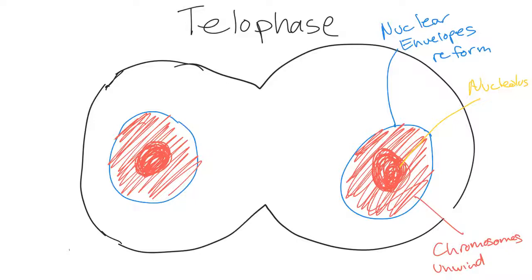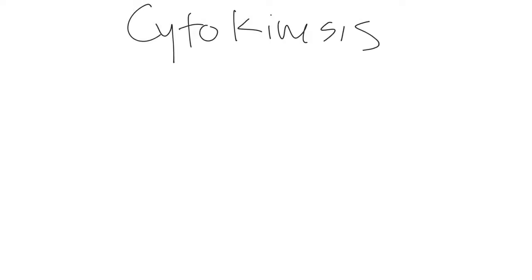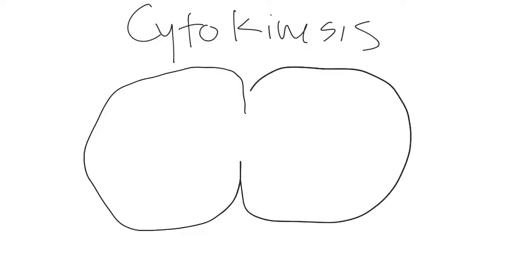So it's starting to look like two new cells are forming. We're still at 4N at this point. We're still a tetraploid. And then we're ready for the last stage of mitosis. This is now what we need to complete for cell division to complete, right?